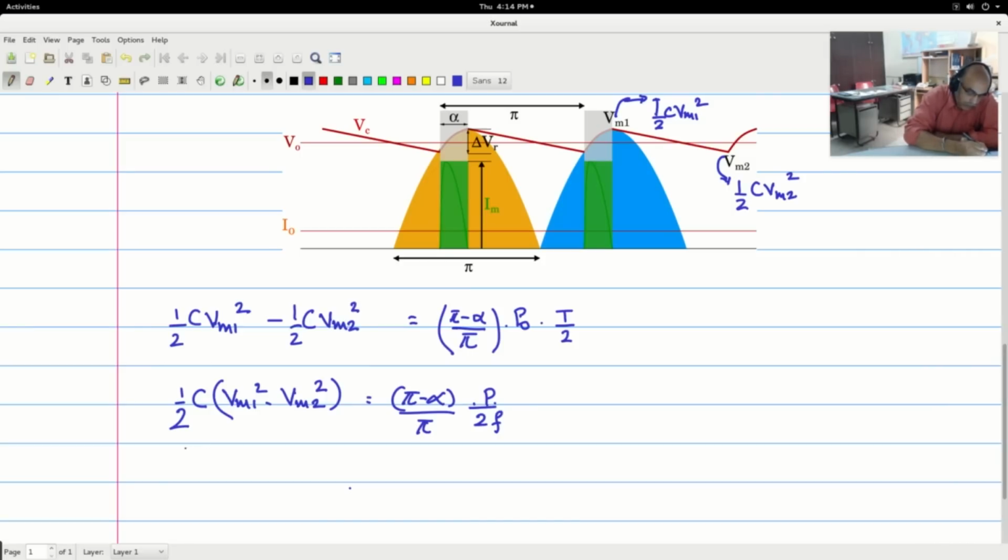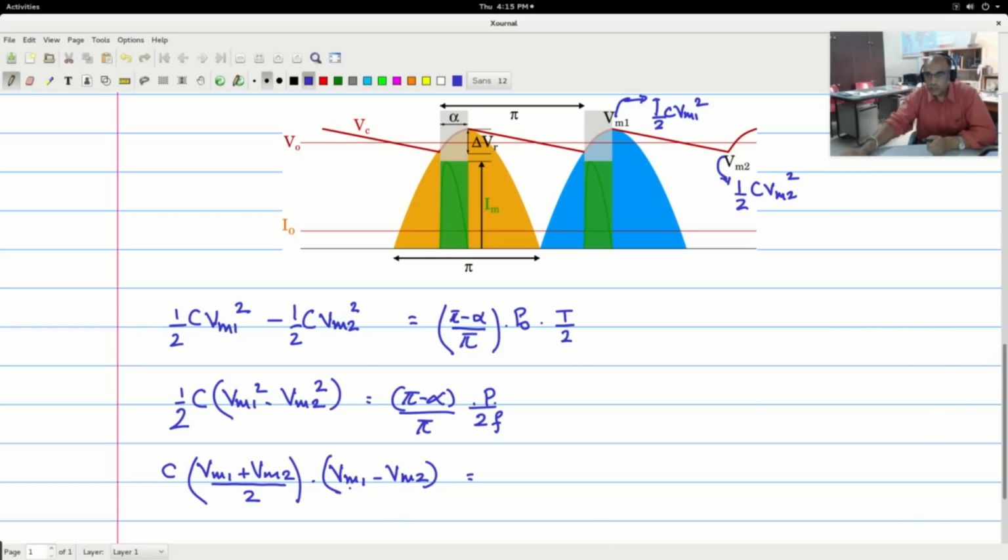Now this can be split into C into Vm1 plus Vm2 by 2 into Vm1 minus Vm2. So this is a square minus b square form, a plus b into a minus b. Now this is nothing but, let me move the screen up.